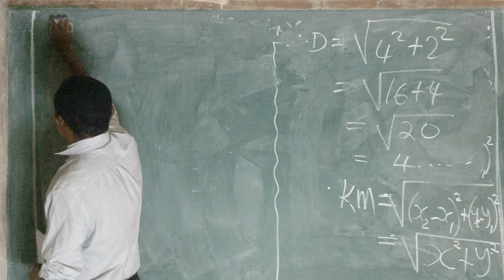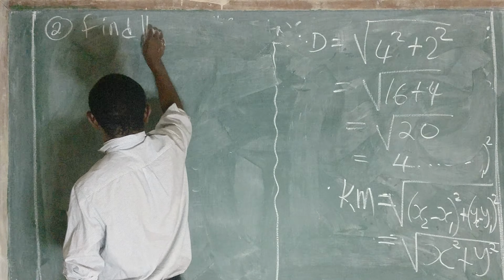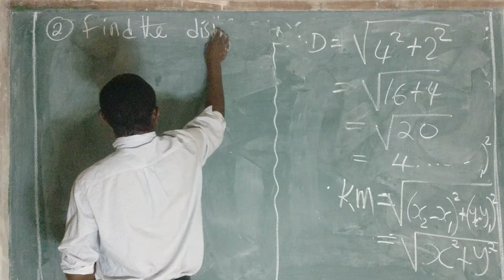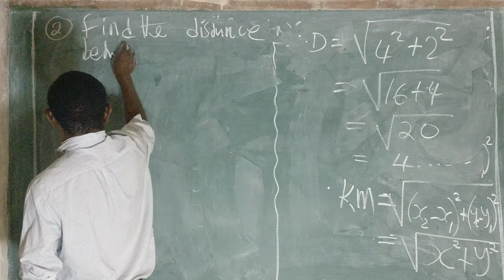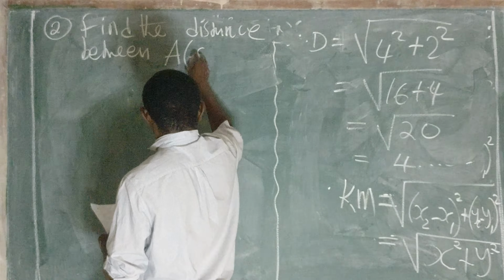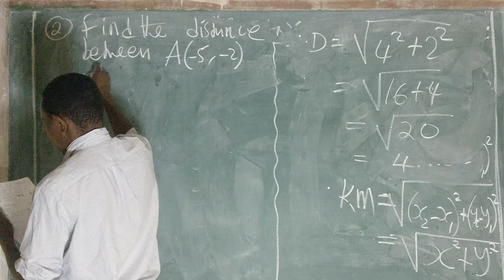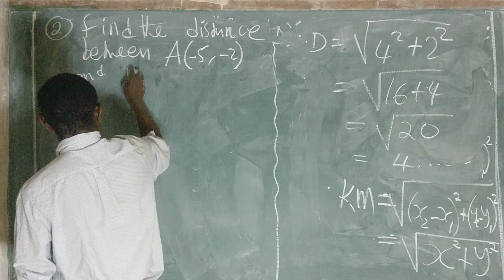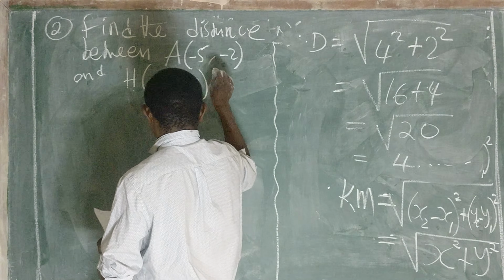We are required to work out the distance between point A, found at the position (-5, -2), and point H, found at (-2, 0).